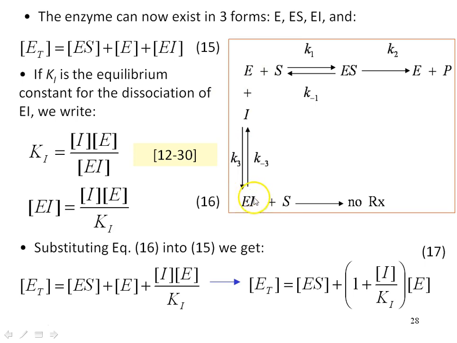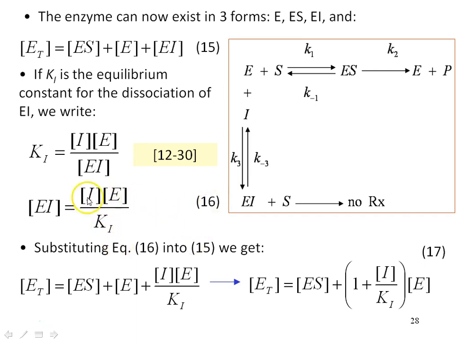The dissociation constant of the enzyme inhibitor complex EI, which is K sub I, is equal to the products, the free enzyme and the free inhibitor concentrations, over the concentration of the reactant, which is the enzyme inhibitor complex. If you rewrite this, you just switch these two, so the enzyme inhibitor complex concentration is equal to the enzyme concentration times the inhibitor concentration over the Ki.